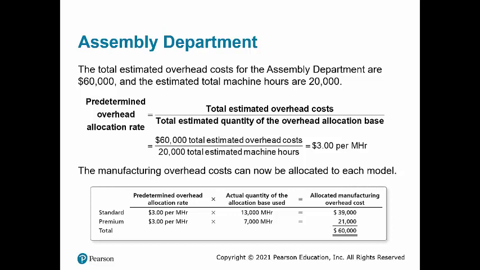If it took 7,000 machine hours to manufacture the premium tablets, we multiply that by $3 and that gives us $21,000 of manufacturing overhead allocated to the premium model. And we can see that the two totals added together equal the total estimated overhead cost for assembly of $60,000.